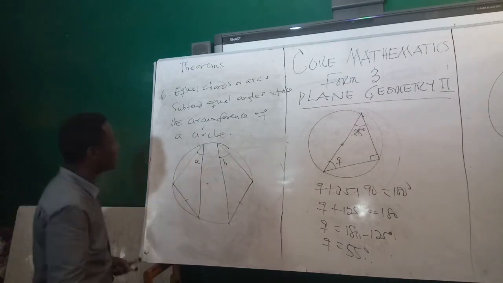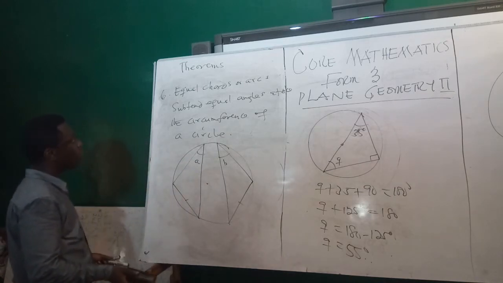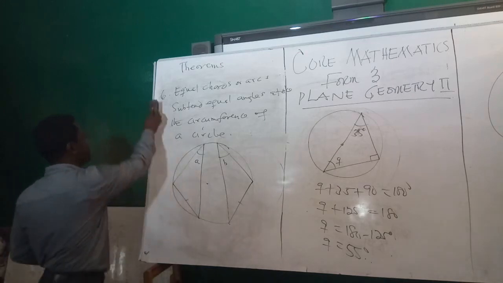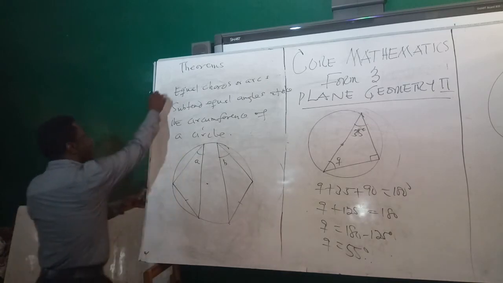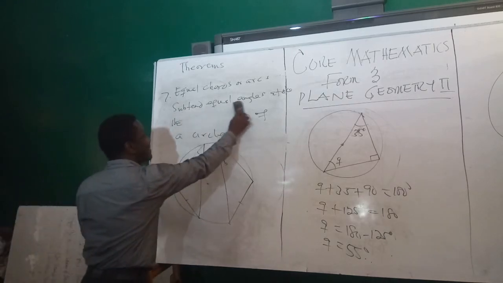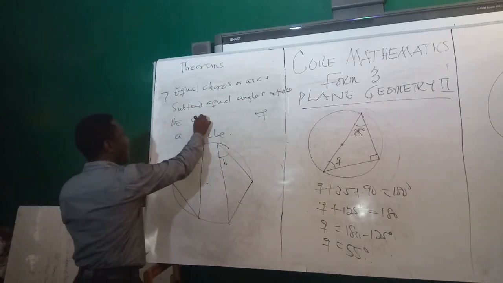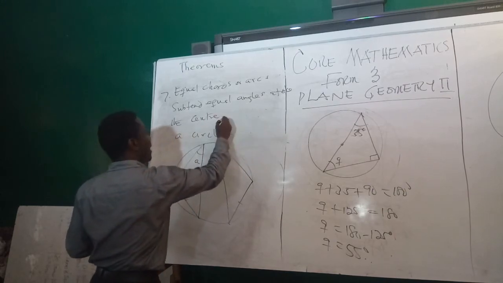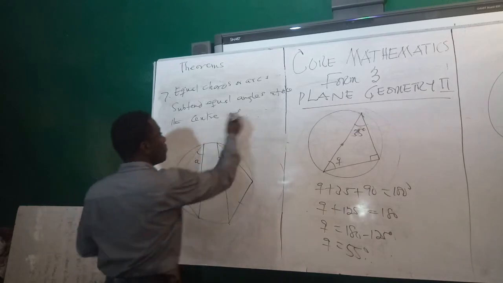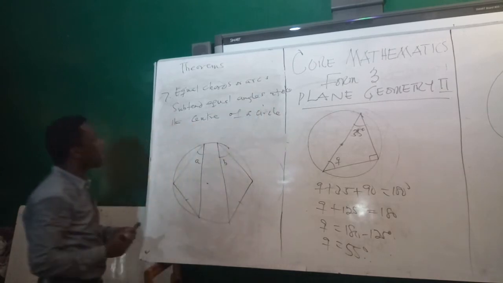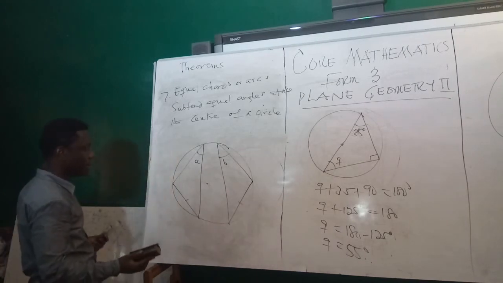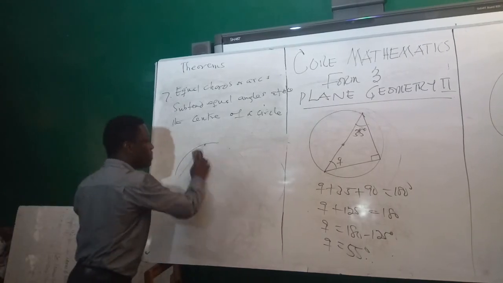Now let's quickly jump to the seventh property, which is more or less similar to the sixth one, but it goes like this. It simply says equal chords or arcs subtend equal angles, this time at the center of a circle. So this will be our seventh theorem. How does that come up? It's similar to this one. Let me erase it so that will be faster.